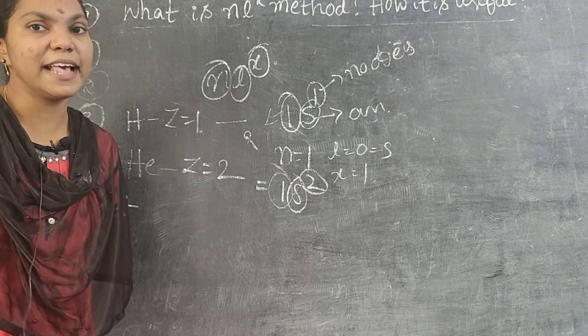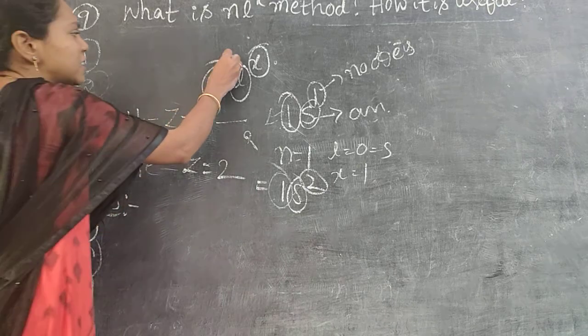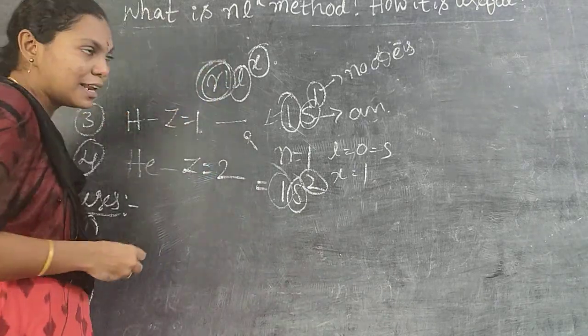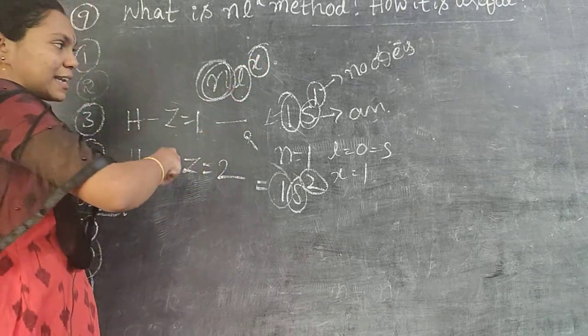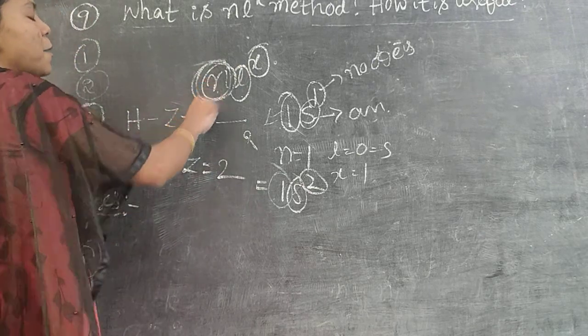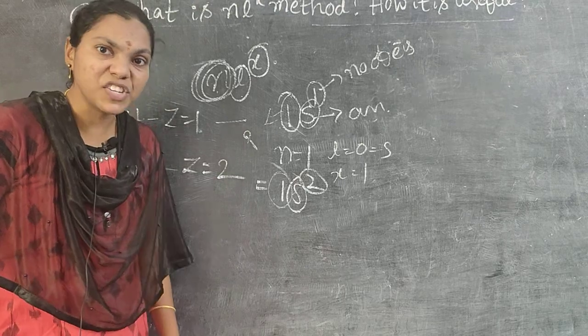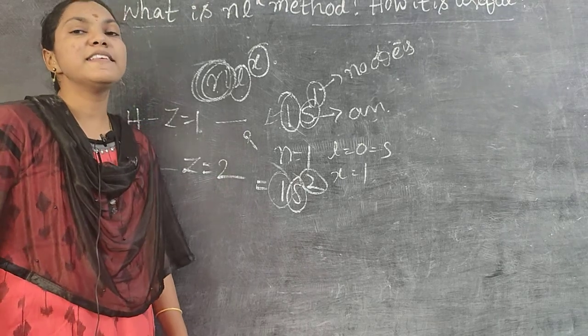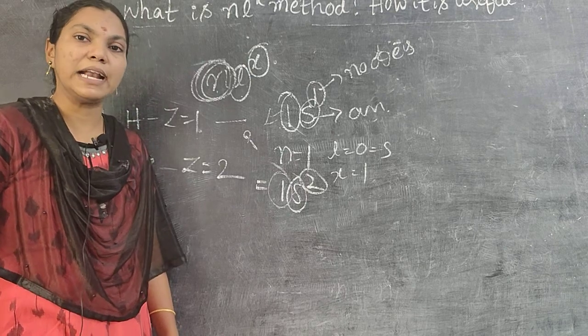The first number is the principal energy level, L is the angular momentum quantum number, and X is the number of electrons. Means by seeing the NLX method of an atom, we can say the principal energy level or shell of every atom. Do you understand? This is the NLX method and how it is useful. Question and answer.